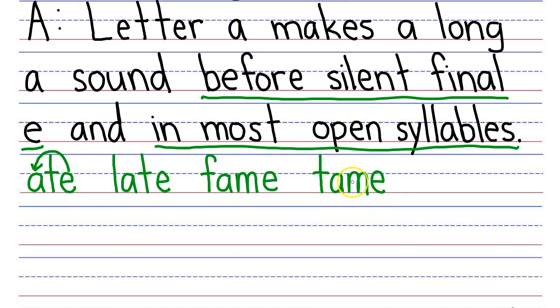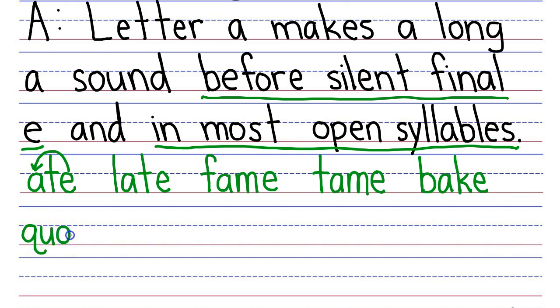Tame. Next word, bake. We have a B that says B, an A that says A, a K that says K, and a silent final E. That's telling us this A makes a long sound. B, A, K, bake. Next word, quake. We have a QU that says Qu.